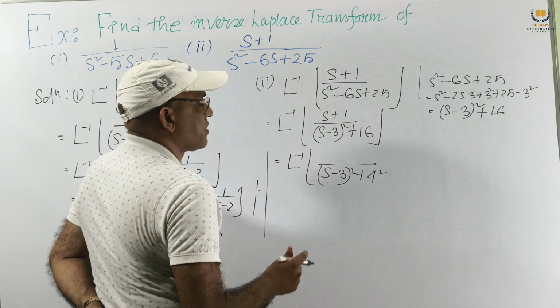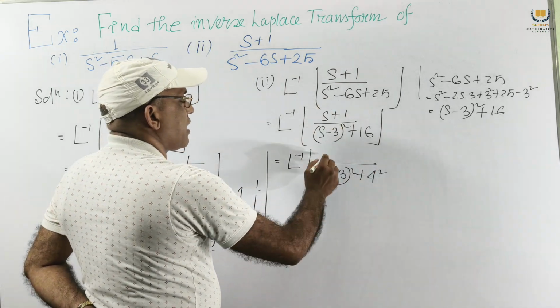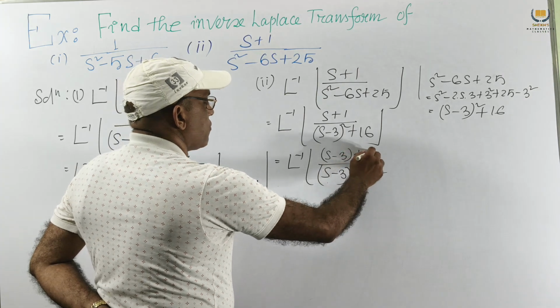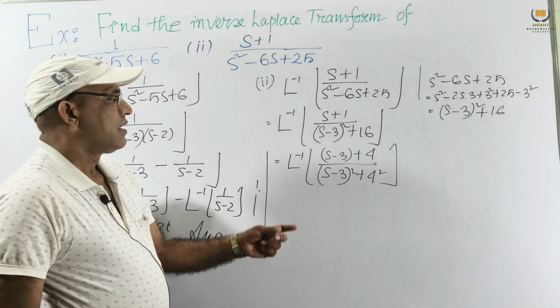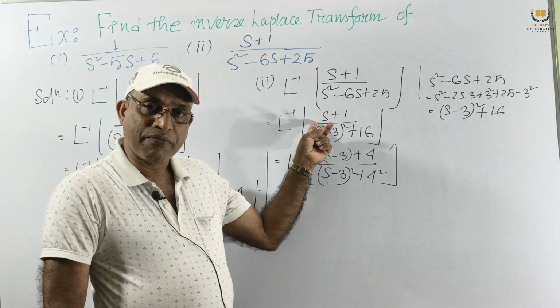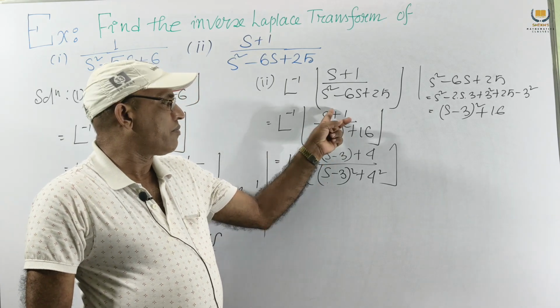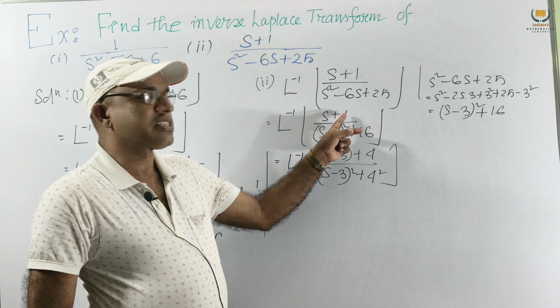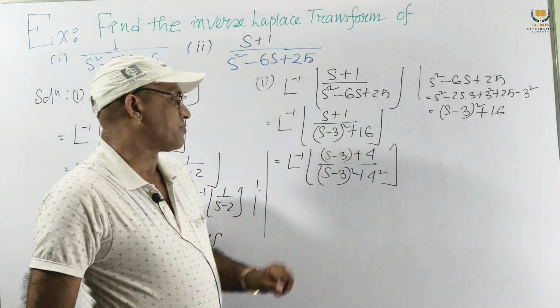16 means 4 square, and in the numerator we also write s minus 3 plus 4. Because the denominator has s minus 3, the numerator must also have the same term. But actually s plus 1 is given, so we add plus 4.